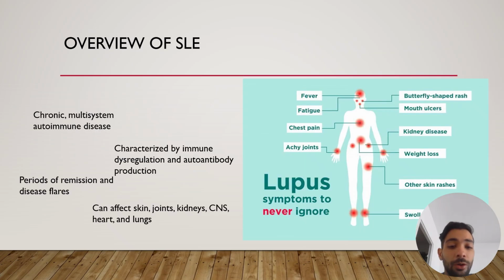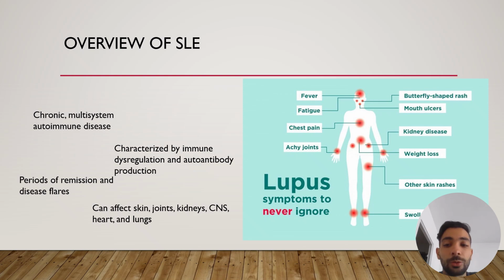The overview of SLE: systemic lupus erythematosus is a chronic autoimmune disease characterized by immune system dysfunction and the production of autoantibodies. These autoantibodies lead to inflammation and damage across multiple organ systems.